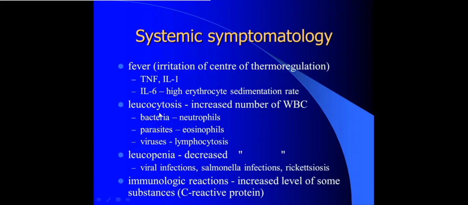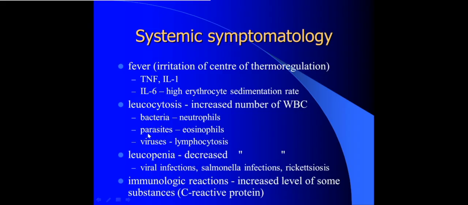Leukocytosis means increase in the number of WBC, that is white blood cells. If there is an inflammation by bacteria, the number of neutrophils will be increased. If inflammation is caused by parasites, then eosinophils will be increased.